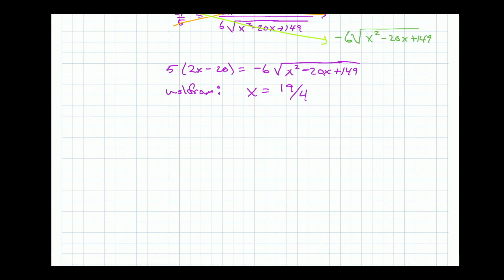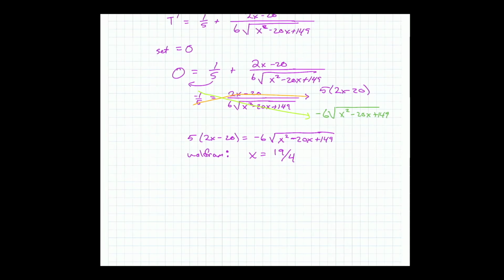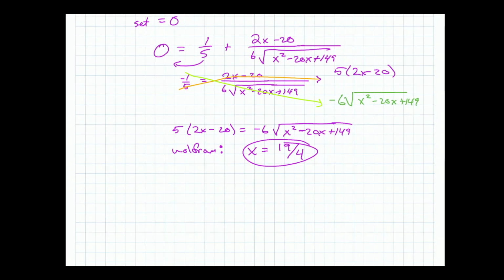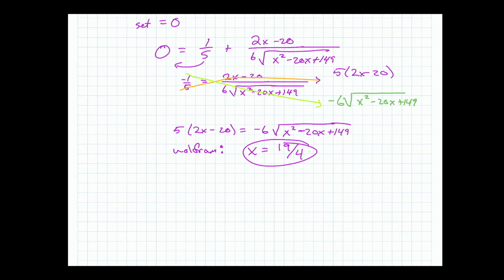Now, once we have that, that's our critical point. That doesn't necessarily mean that we have the final answer, right? We need to test it to make sure it's a minimum. So we should test the critical point with the first derivative test.